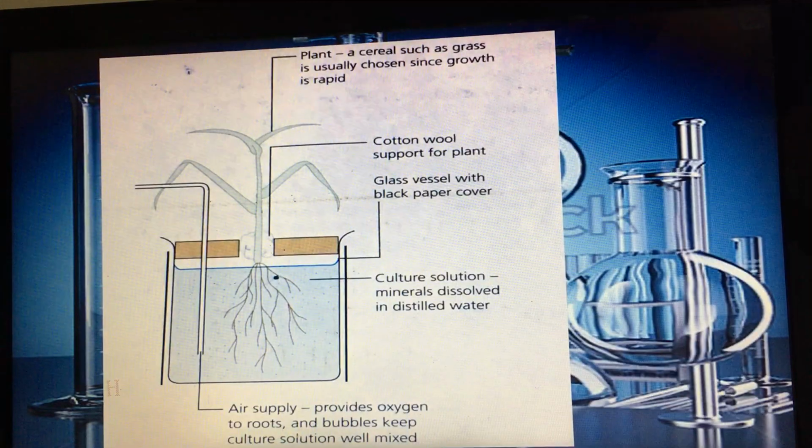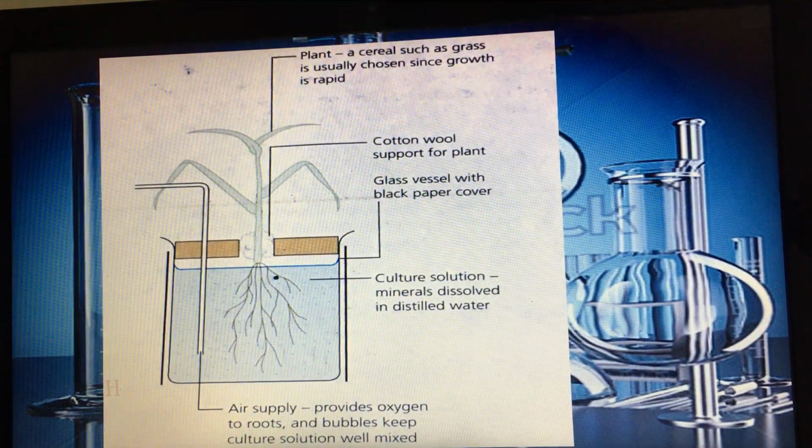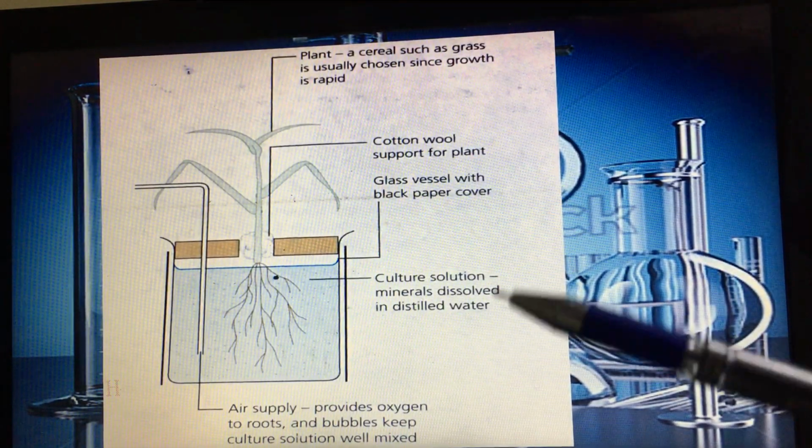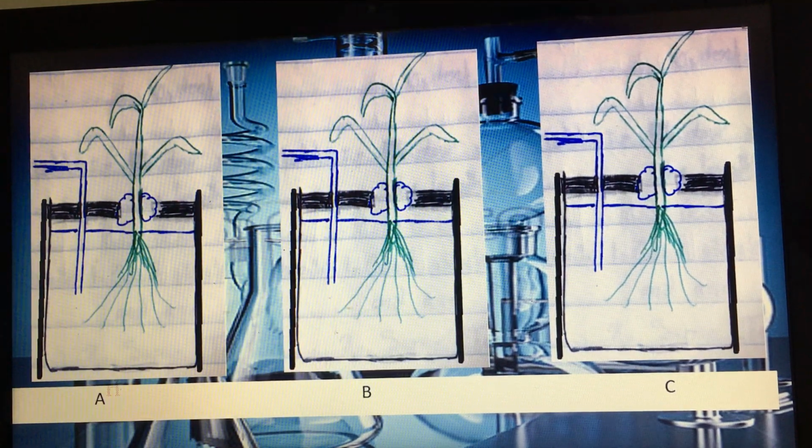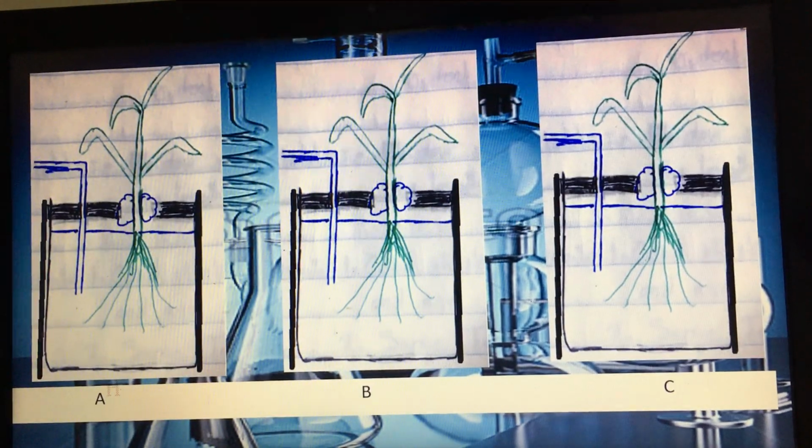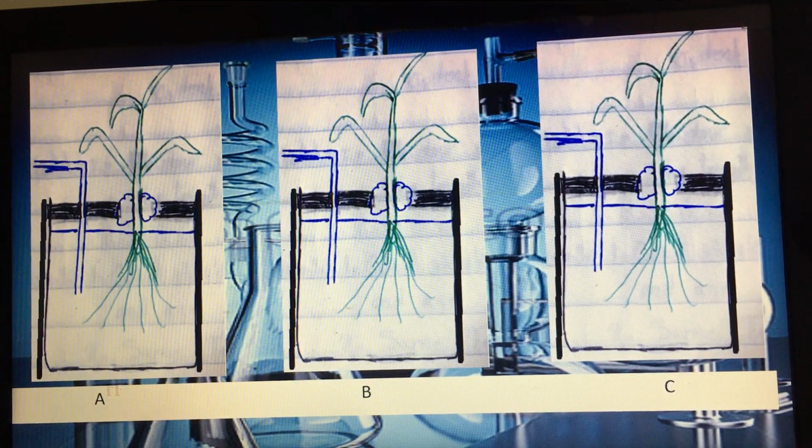And here are the 3 beakers, A, B, and C. As we said before, beaker A contains all the nutrients that we need, beaker B is missing magnesium, and beaker C is missing nitrogen.